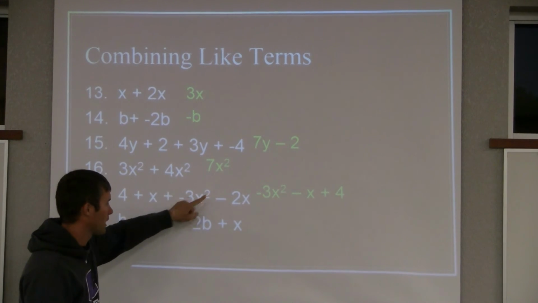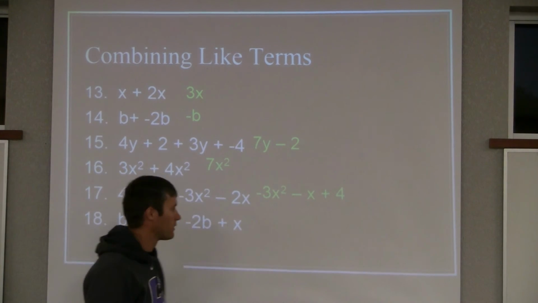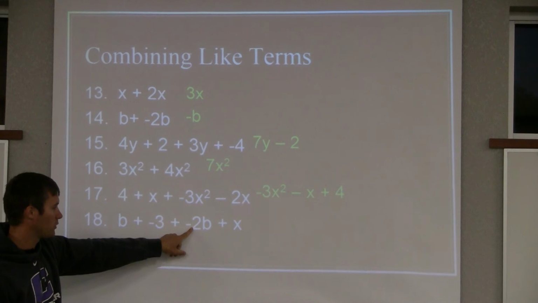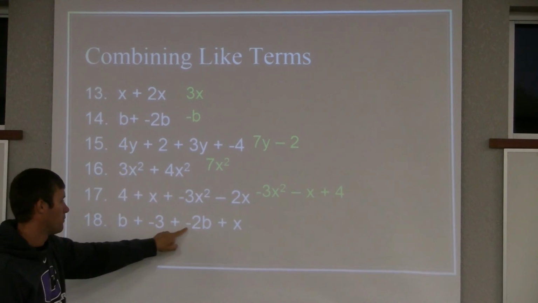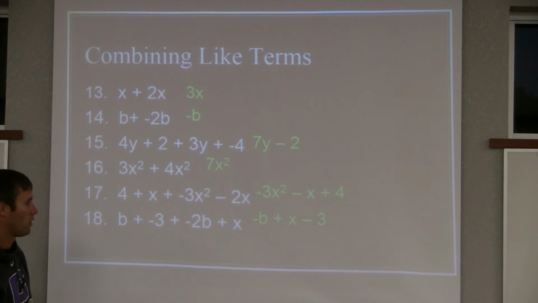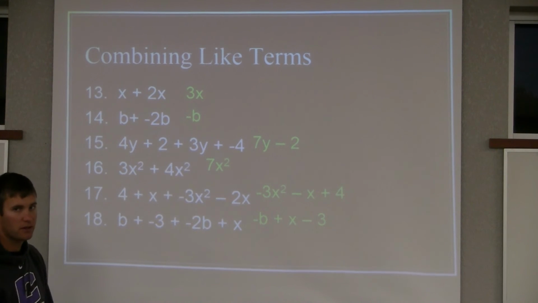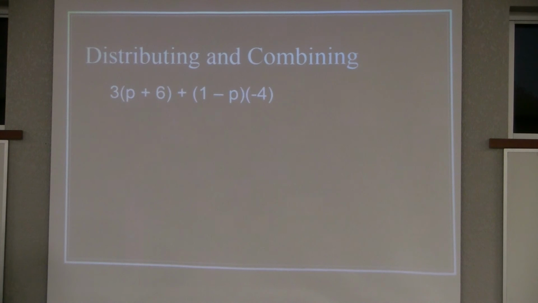So this wasn't a like term, this wasn't a like term, so I just leave it on the end. And then I have b minus 2b. These aren't like terms here. So 1 minus 2 is negative 1b plus dx plus the negative 3. So like terms don't change, the biggest thing is they use that same variable.